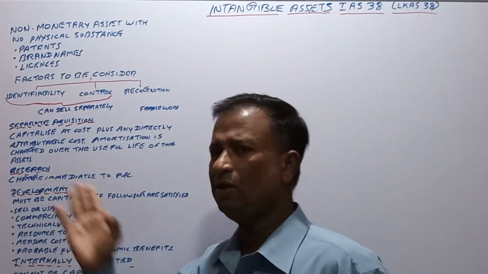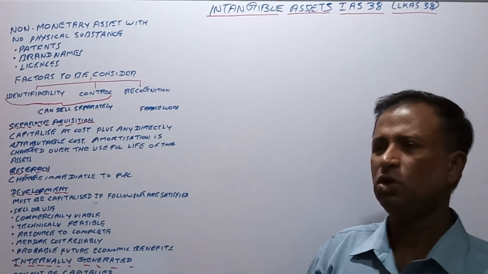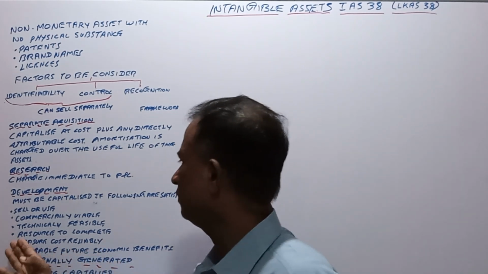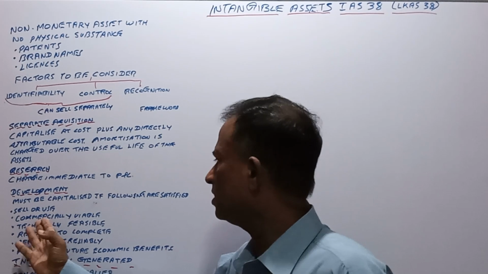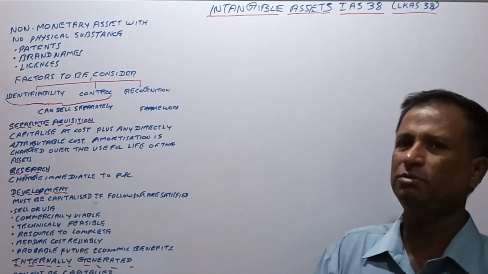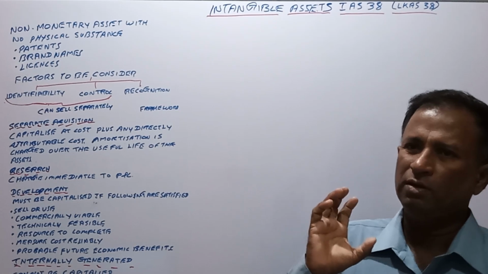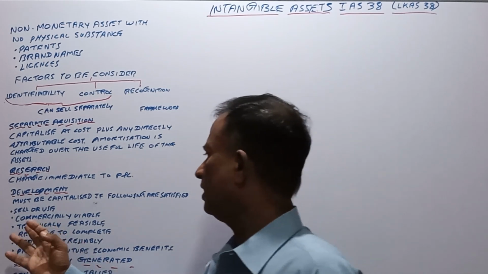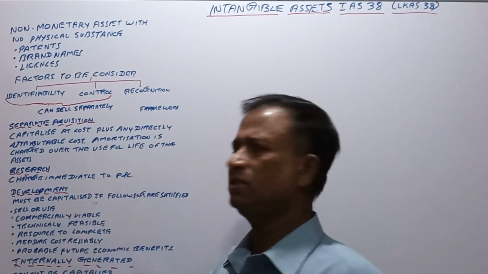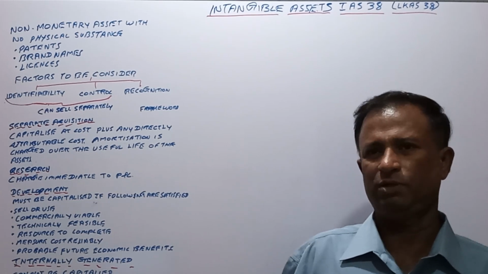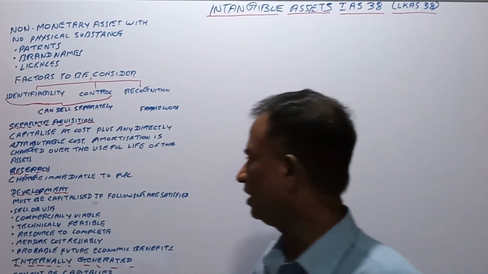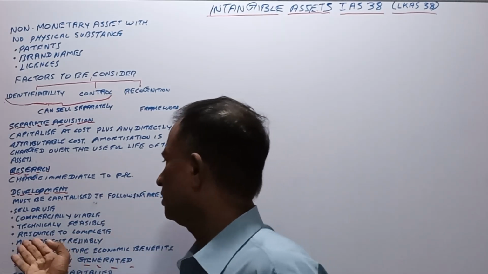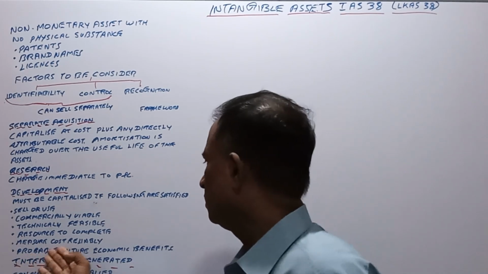You should be able to use or sell it. You must have an active market, and it should be commercially viable, available to sell commercially. It should be technically feasible. You must have the resources to complete it.